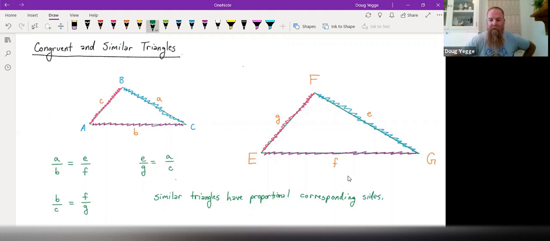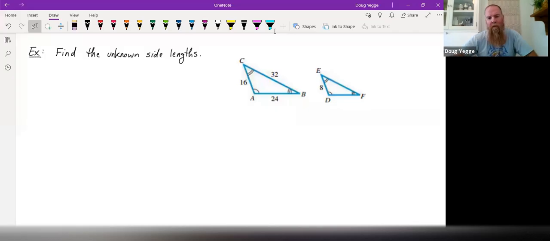Okay, so let's take a look at how this really important idea of similar triangles can help us solve for unknown information. Let's first recognize with these two triangles that they are similar. One thing that makes these similar is the fact that corresponding angles are equivalent. If there are two arcs and two arcs, then these two angles are equivalent.